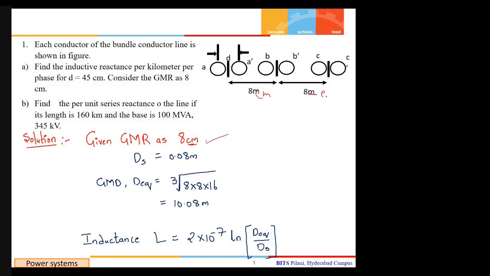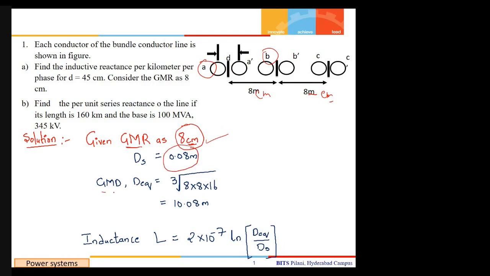So here it is centimeter. You have phase A and phase B, and the distance between the two phases is 8 centimeter, which converted to meter is 0.08 meter.